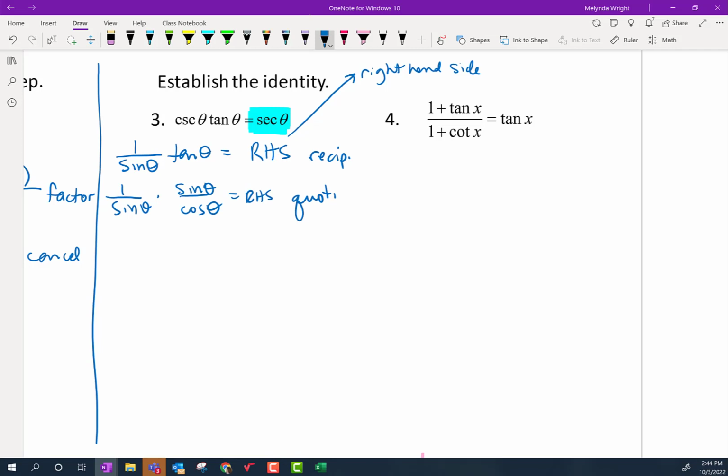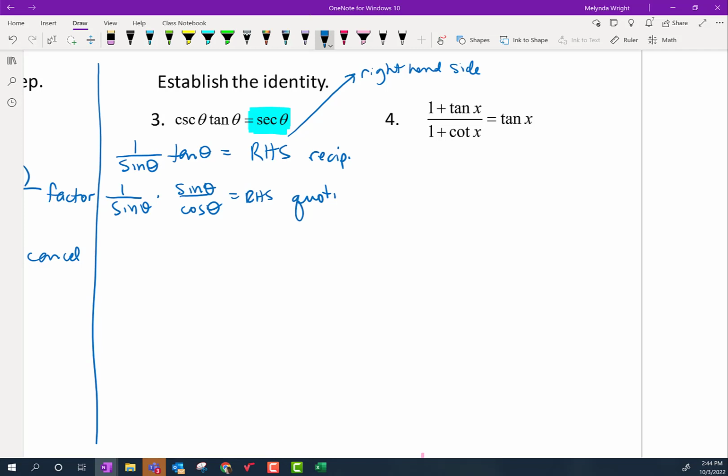Okay, good, making progress. Now we want to end up to be secant. This is true, and I can't work that secant side, but what is another way to write secant? 1 over cosine. Do we see something like that forming up on the left, a 1 over cosine? We do, don't we?